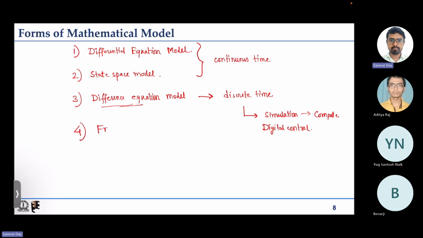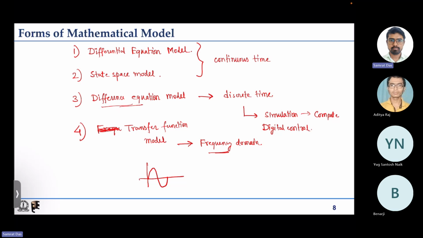Now fourth is the transfer function model. This is in the frequency domain. Frequency domain means we are applying some signal with a single frequency. What is a single frequency signal? A sinusoid.